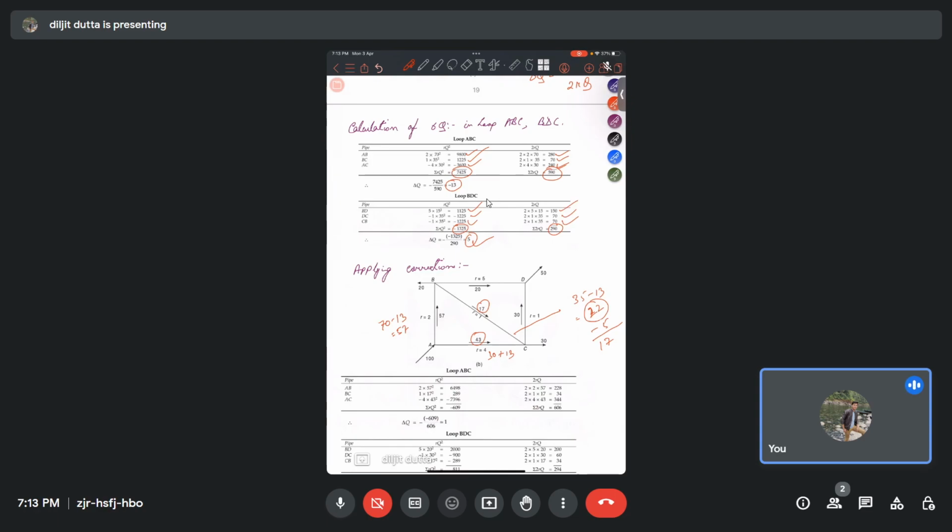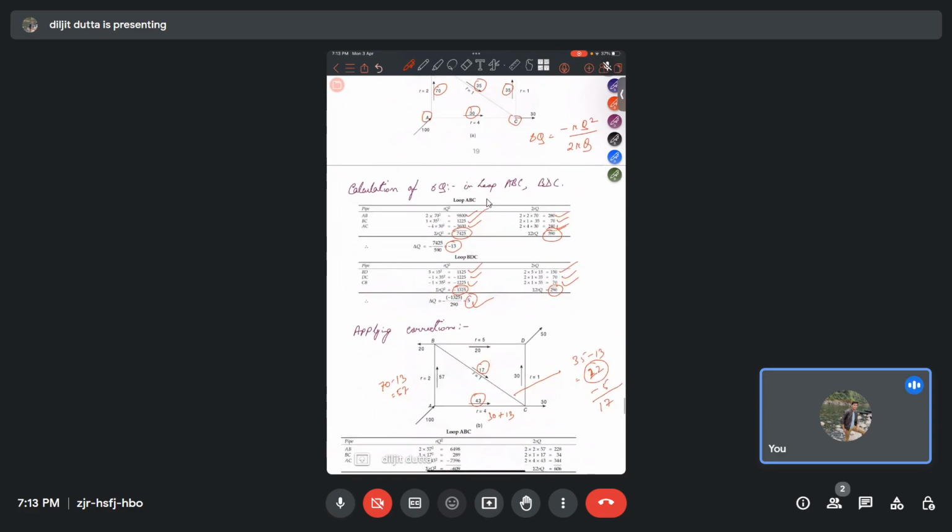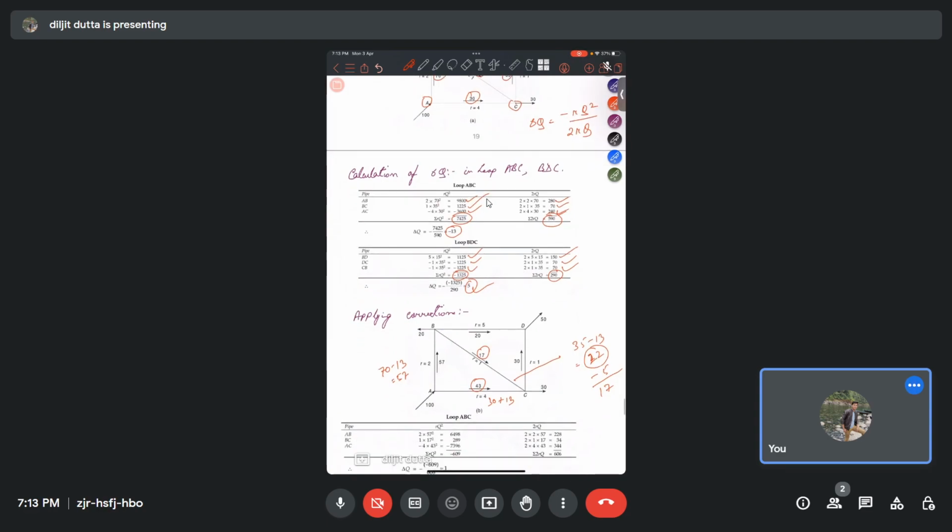For BD it was 15 before, now we have a positive delta, so we add 5, which equals 20. And also in CD it was anti-clockwise flow and we had a positive delta Q, so we subtract: 35 minus 5 equals 30.